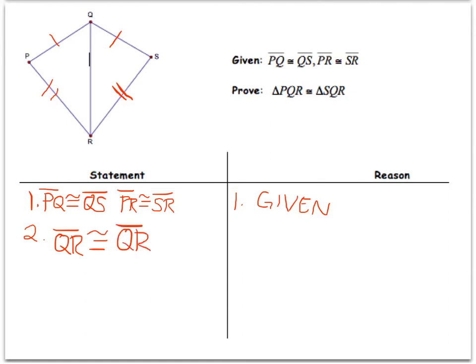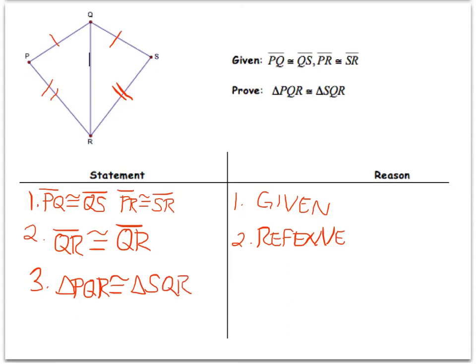And that's just by the reflexive property. By saying this, now we have 3 line segments or 3 sides of the triangle that are congruent. So what we can say is the triangles are congruent. 3 congruent sides, side, side, side, lets us say that that is a congruent pair of triangles.